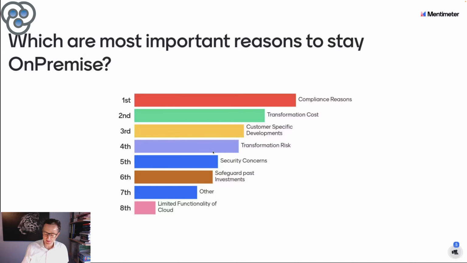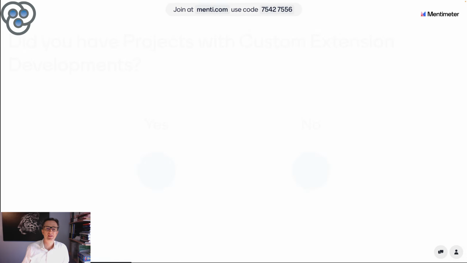There are other reasons also, but today we will be focusing on this. Okay, it is no scientific poll, just a little bit fun and interaction. But in our poll, customer-specific developments was the third reason, and this is why we will be looking a little bit more into that today.